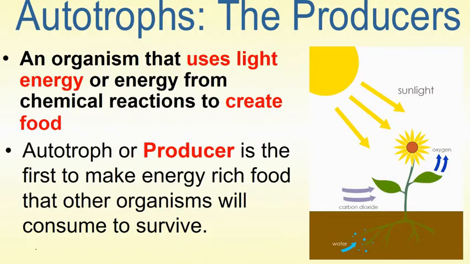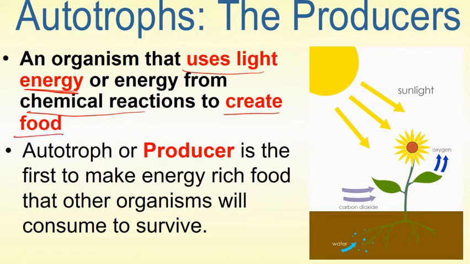All right, now in this lecture, we're going to focus on one type of organism and how they obtain their energy. This type of organism is one that uses the energy from light or certain chemical reactions to create their own food, okay?